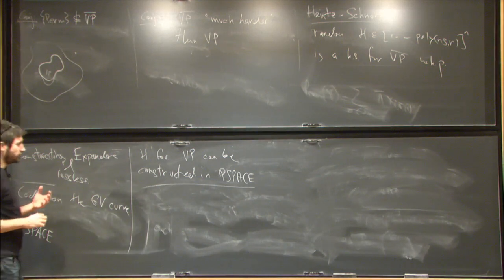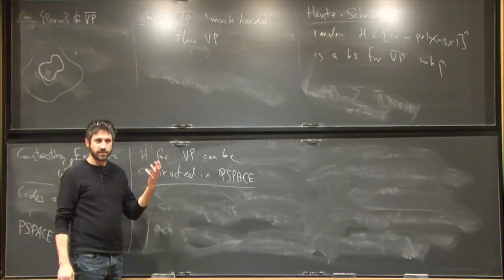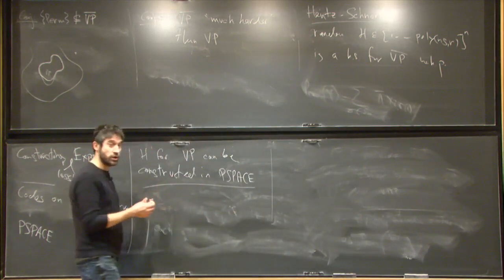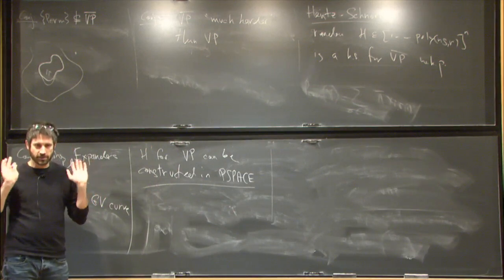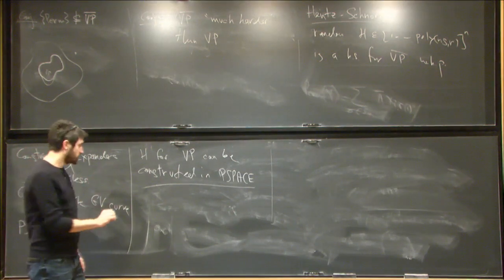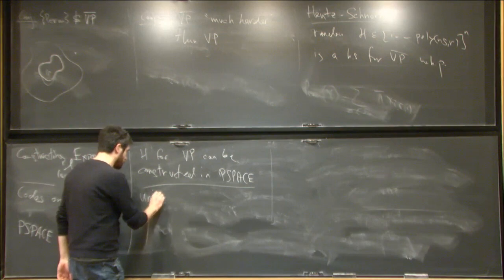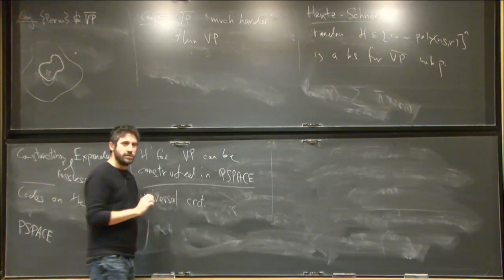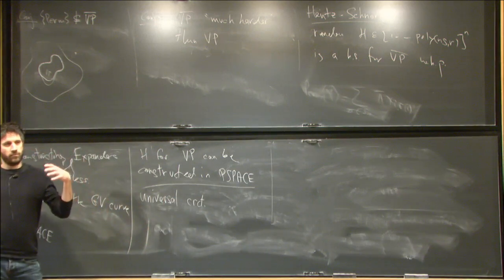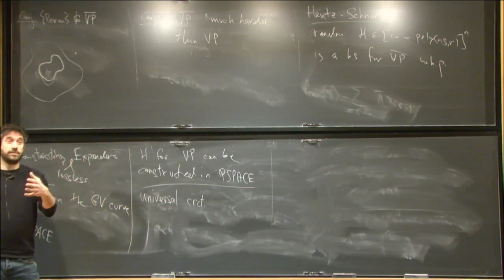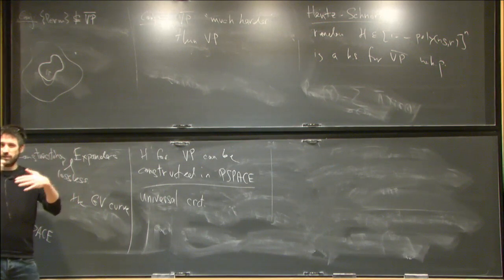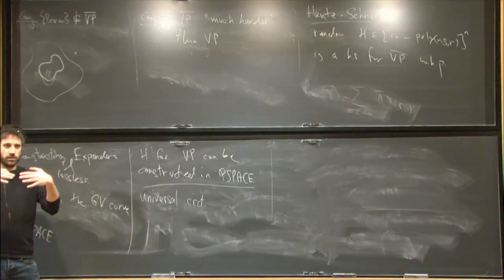Just to present the argument in the simplest way, it will be perhaps easier to use the notion of a universal circuit. It's not really necessary, but it just makes our life easier. So what's a universal circuit? Basically, we are interested in size S circuits of degree R. But size S circuits can have different computation graphs.